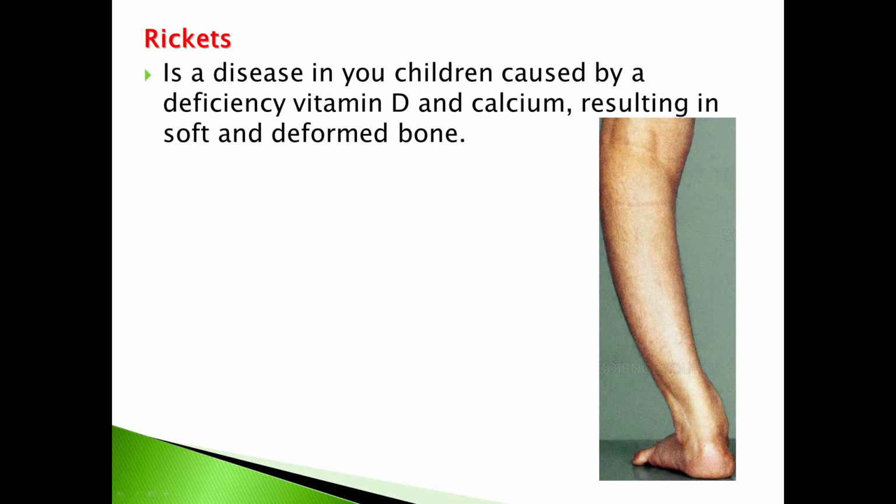The legs of this individual have grown out of shape simply because of the softness of those bones, which means those bones of the lower leg cannot bear the weight.